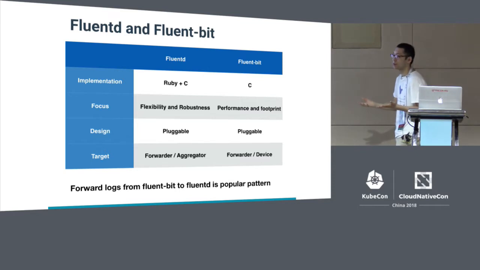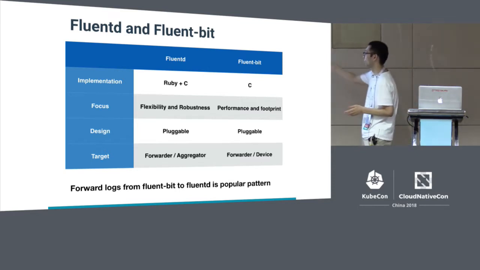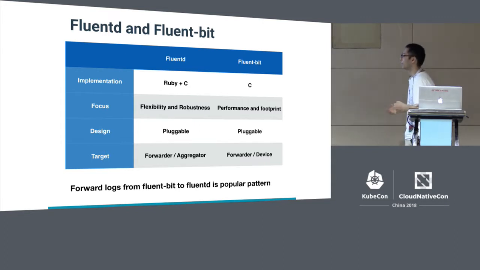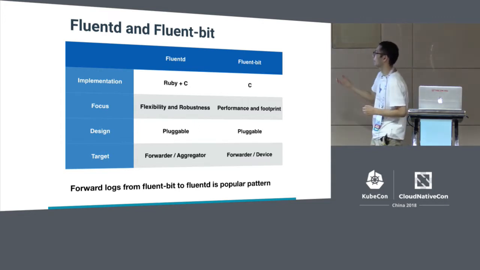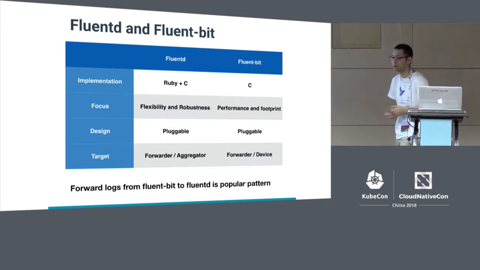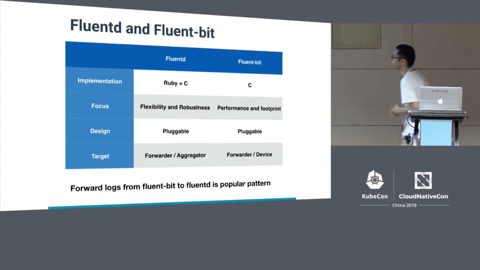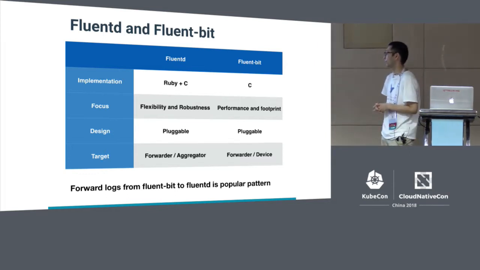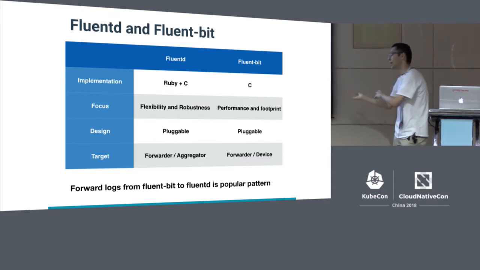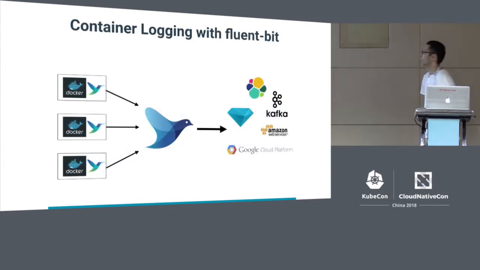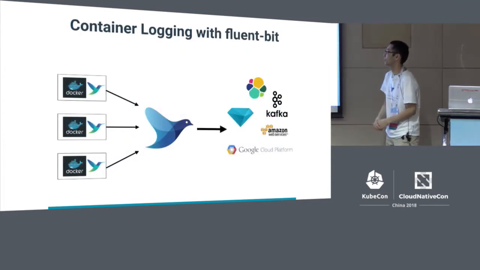And Fluent Bit follows the Fluentd design, so Fluent Bit is also pluggable. You can build your own plugins, and it is easy to use third-party plugins, for example Kafka or Elasticsearch. In large deployments, forwarding logs from Fluent Bit to Fluentd is a popular use case.